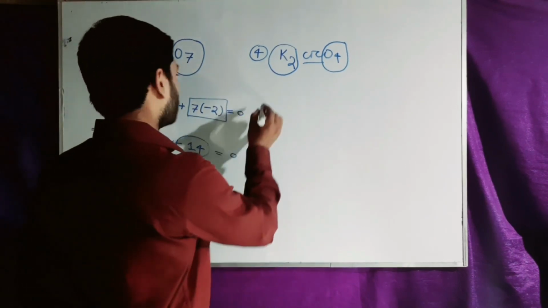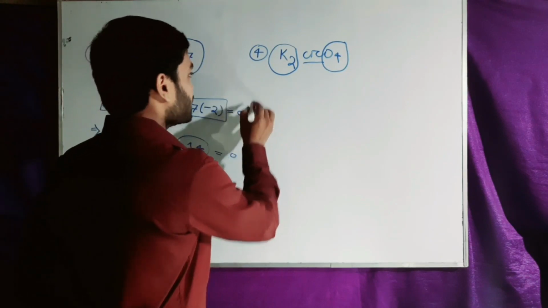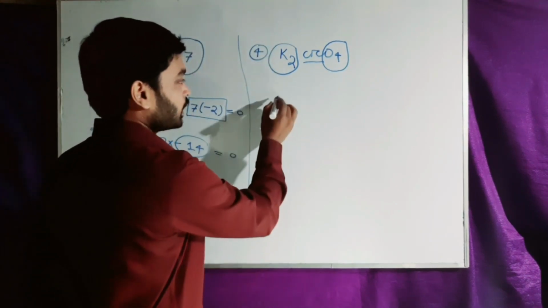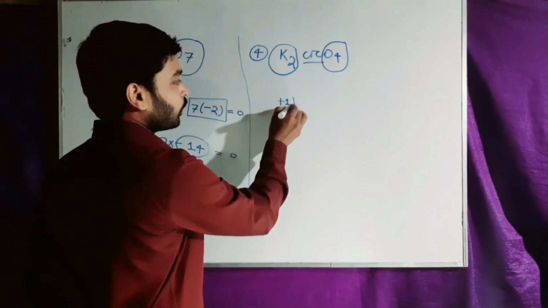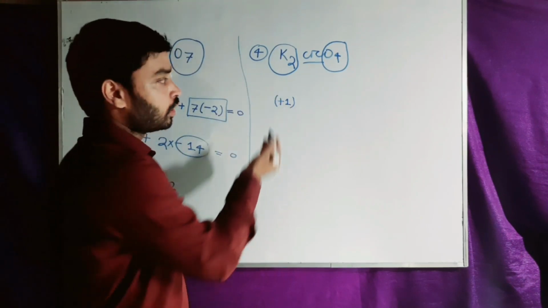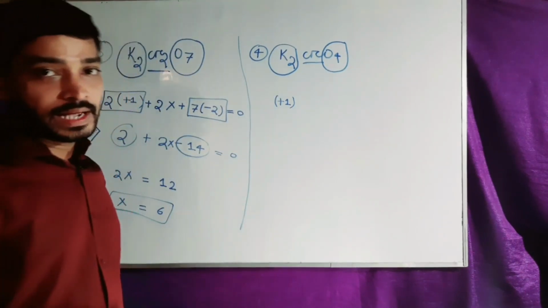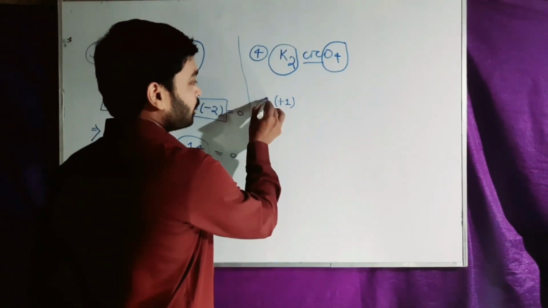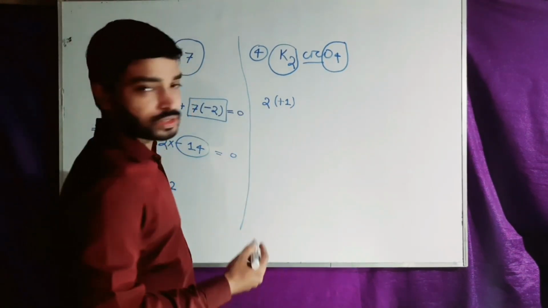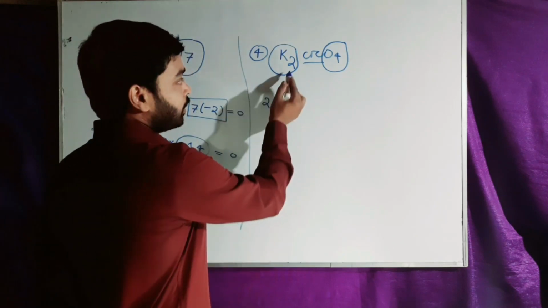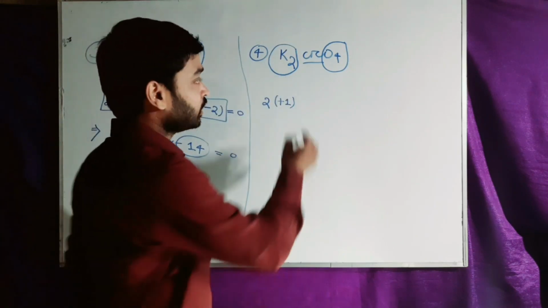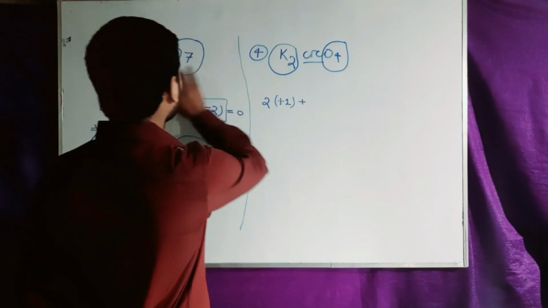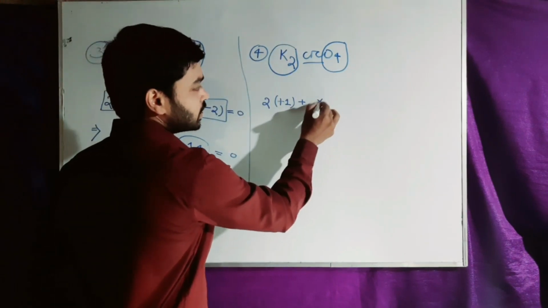Moving to the next compound, for each potassium we will also take +1, because according to the rule the potassium atom has oxidation number +1. We multiply 2 with the potassium oxidation number because 2 potassium atoms are present, but in this case a single chromium is present, so we will just take x.